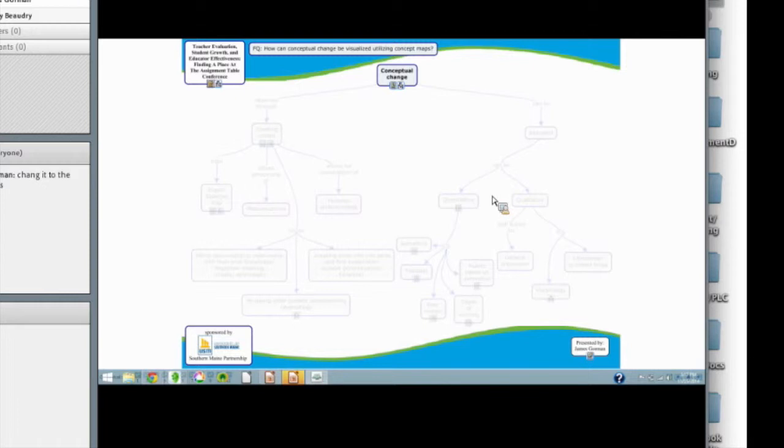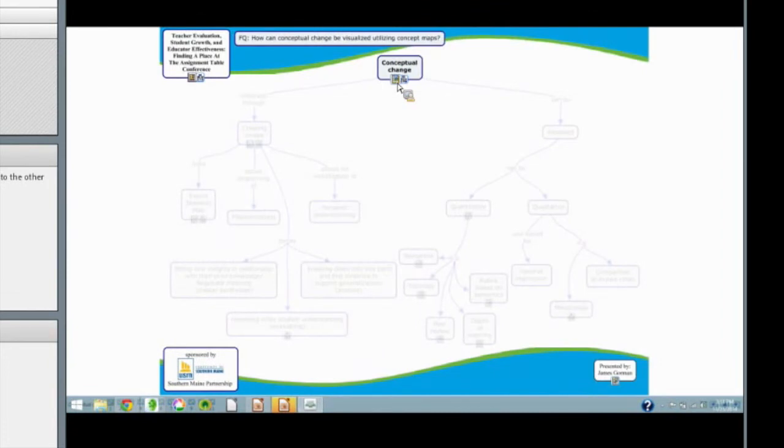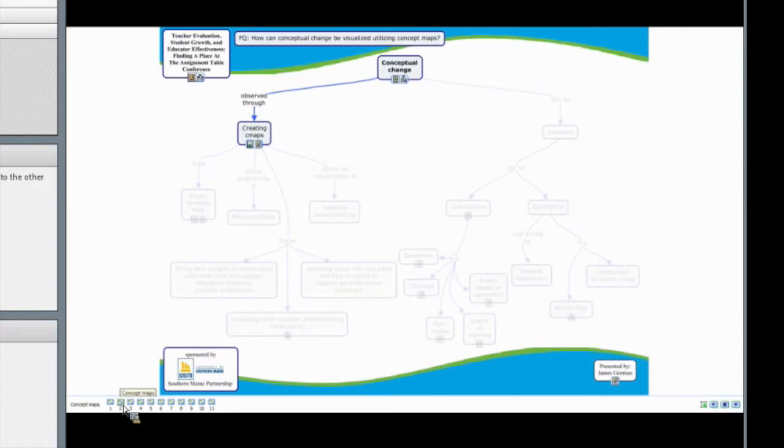You might or might not be familiar with what concept maps are, but this presentation is in a concept map style. So we see at the top here, conceptual change, and we're going to be looking at it through concept maps, creating concept maps.